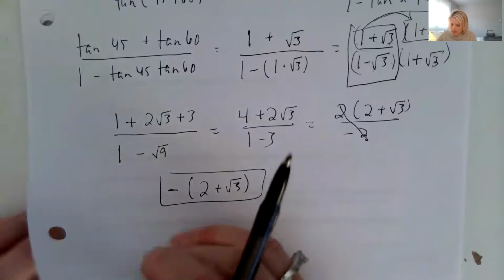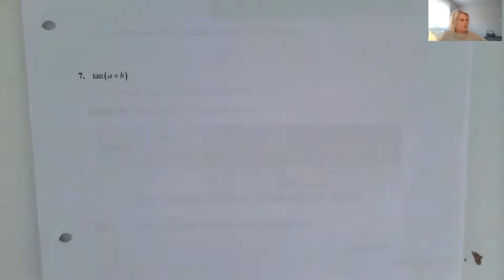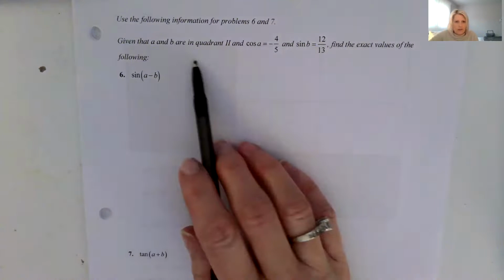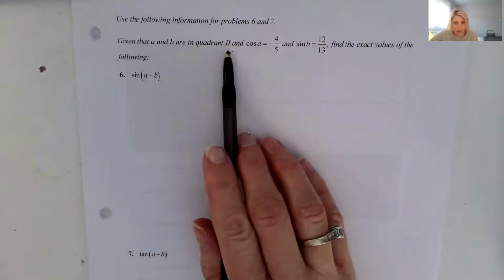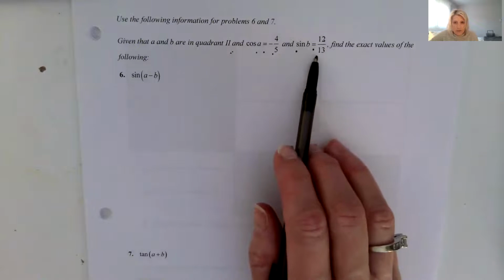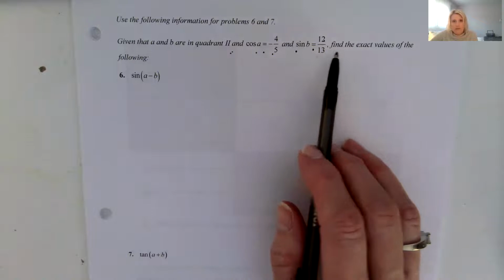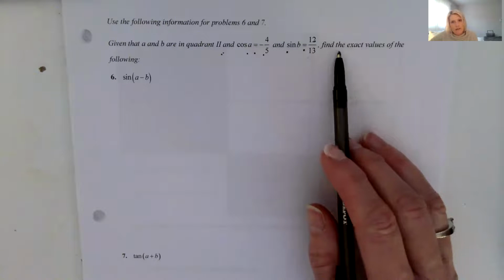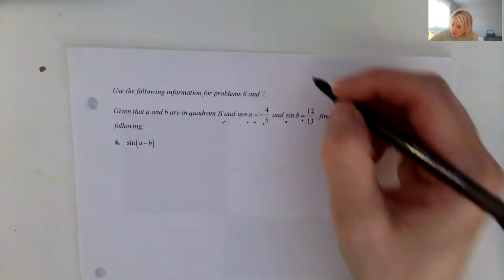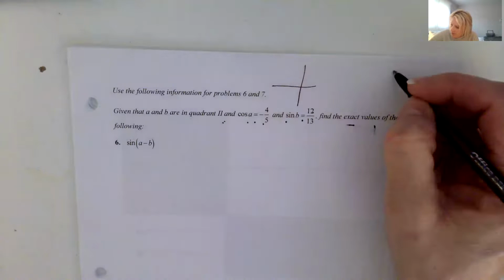Okay, the last 2 problems are sum and difference as well. So number 6 is the difference. It says given that A and B are in quadrant 2, cosine A is a negative 4/5 and sine B is 12/13. Find the exact values. Okay, so let's draw them both.